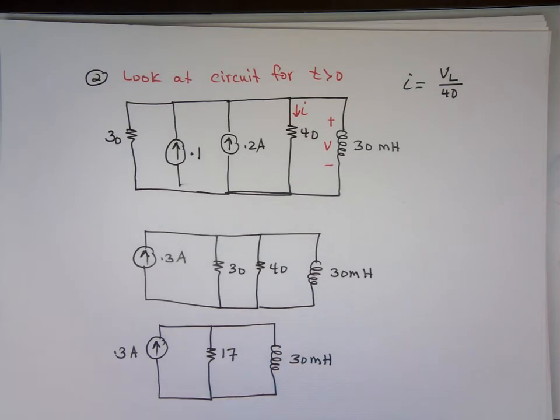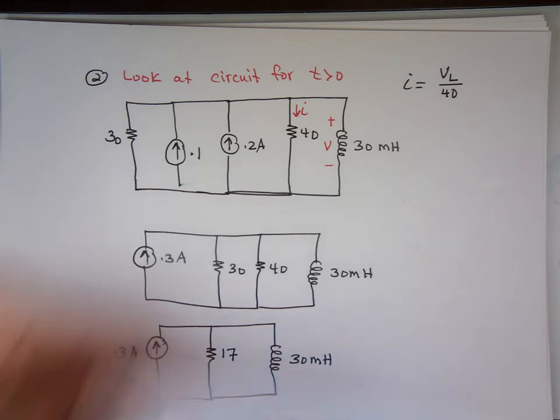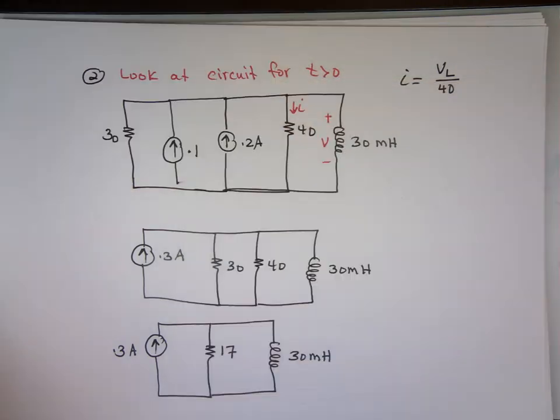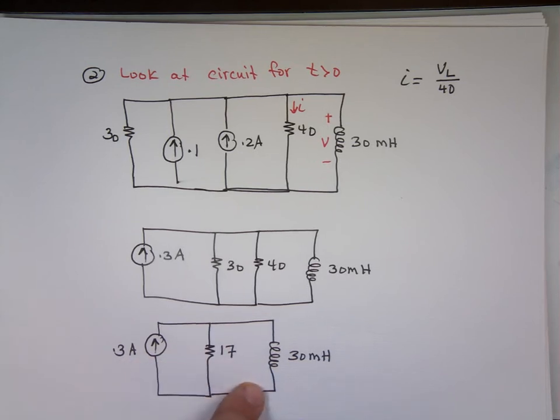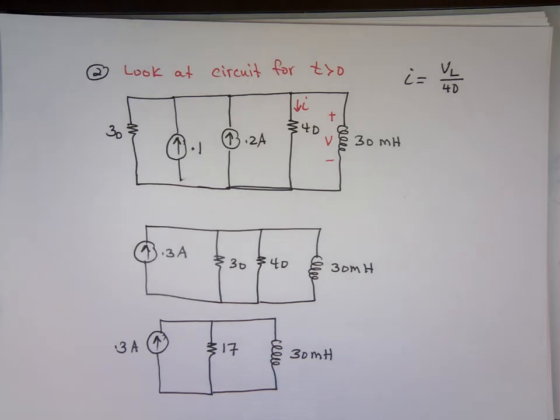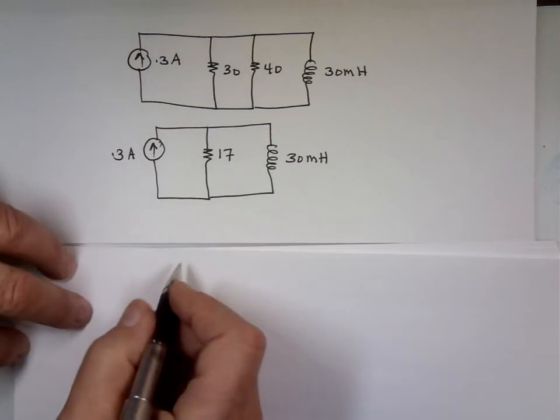Now remember what I said earlier, when you have an inductor, you want to do what? Mesh analysis. This is not going to be a good mesh analysis there. I could do it here, but I can do a source transformation quickly. If I do a source transformation, you'll have one loop there, and you're done. So let's do a source transformation here. 0.3 divided by 17, which is what?